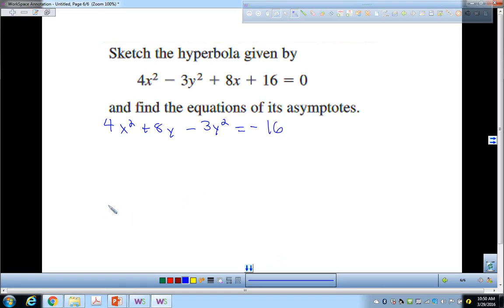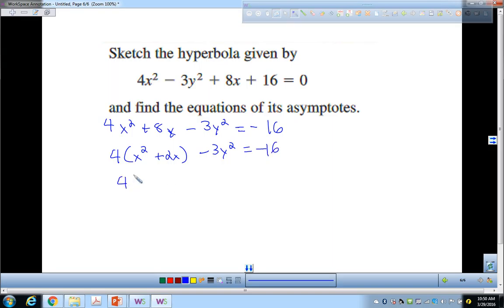Everyone understands what I just did there? What do I need to do next? Factor out a 4 from those first two terms: 4 times x squared plus 2x, minus 3y squared equals negative 16.